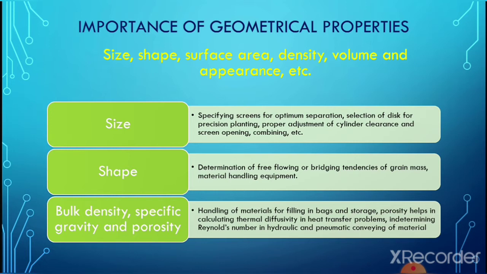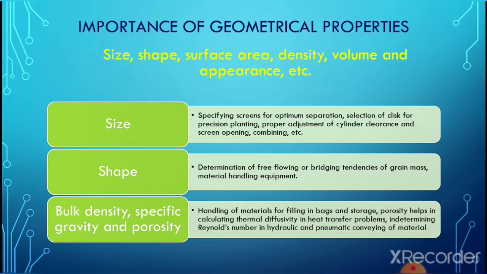Suppose we have to separate grain impurities from the grain in cleaning operation, we must know the size of the crop grain for designing the specific screen opening. Then selection of disc for precision planting, proper adjustment of cylinder clearance and screen opening, combining etc. In all these operations, the size of the agricultural produce has much importance.